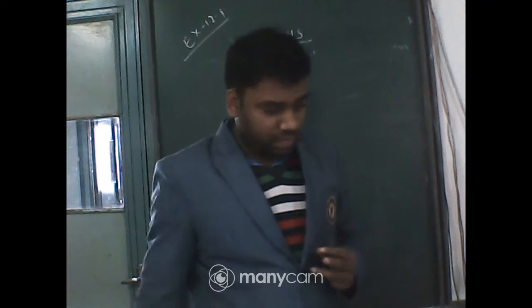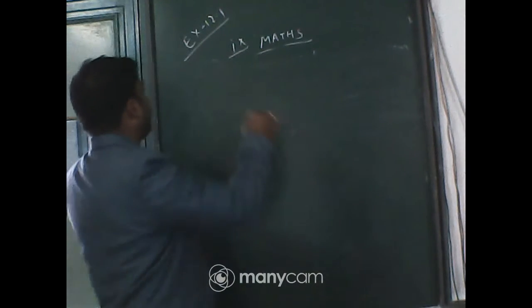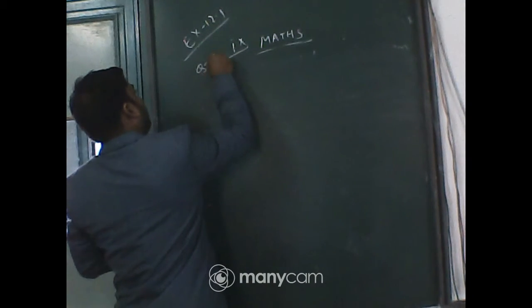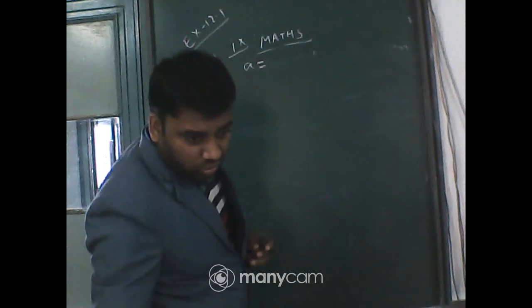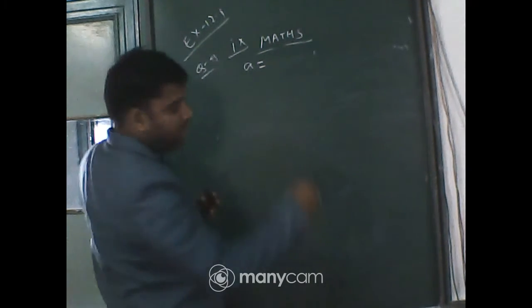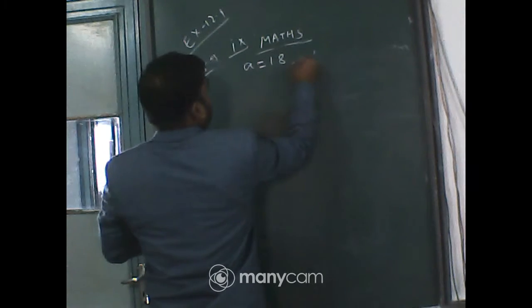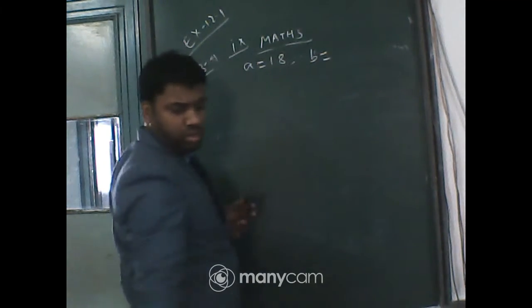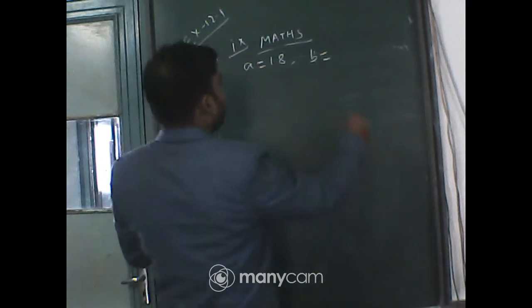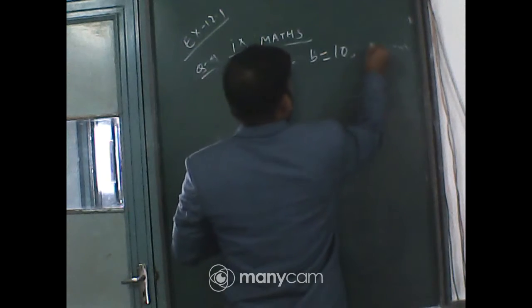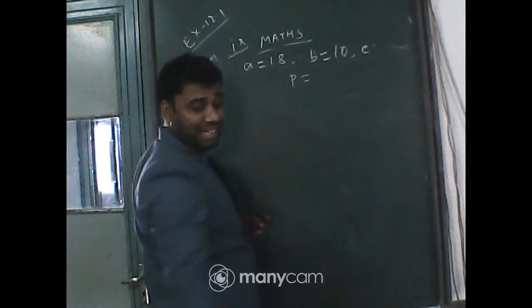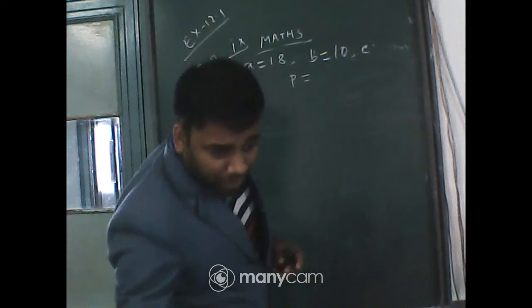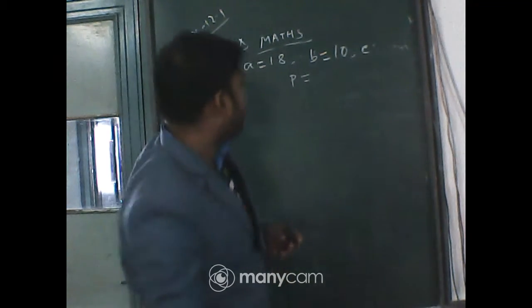Very good sum. I am taking A equal to 18 centimeter, B equal to 10 centimeter. I don't know the value of C, and perimeter is given, that is 42 centimeter.